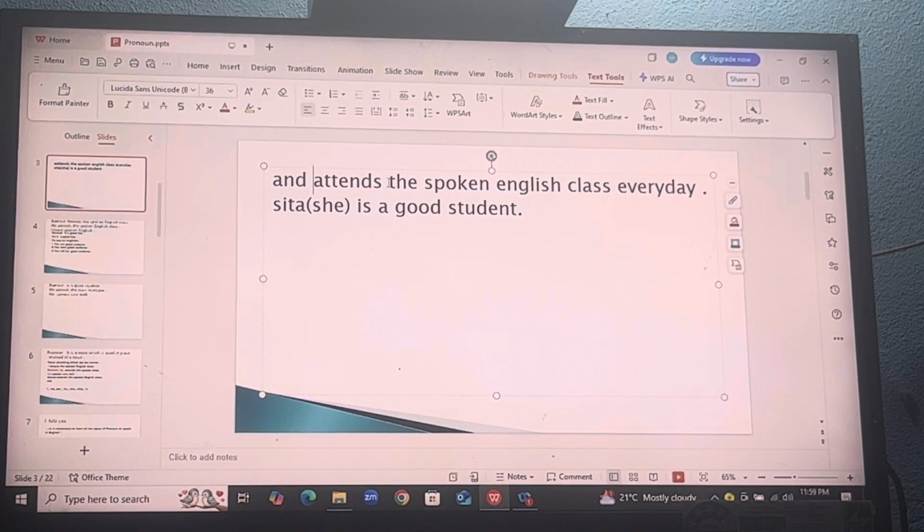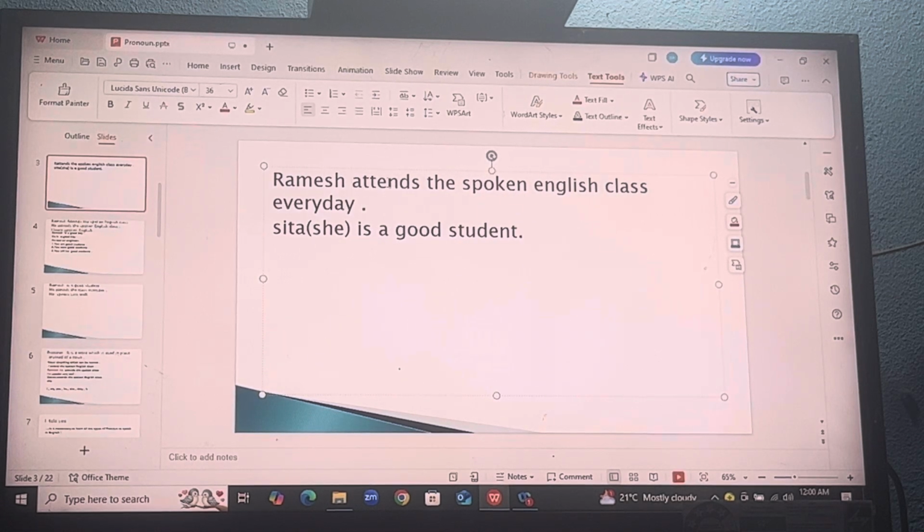So what I want to point out is, in order to form a sentence you require only three things: subject, verb and object. In case of subject, always remember, as we have used Ramesh or he, that is nothing but a noun or pronoun.